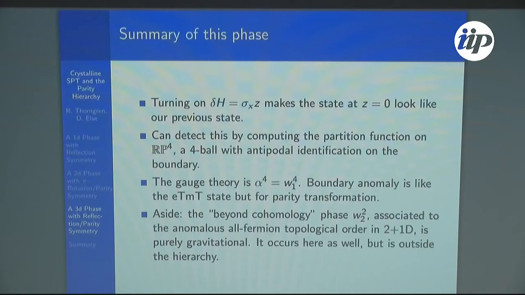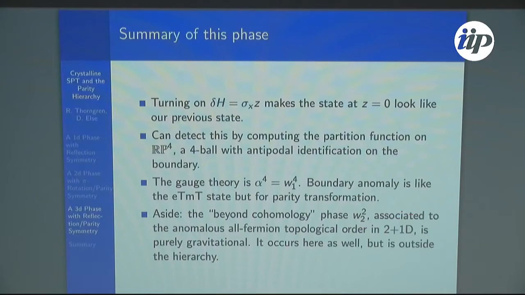And the gauge theory that you get, alpha to the fourth, can be identified with the topological response of this interesting time reversal symmetric SPT in 3 dimensions, on whose boundary there is this two-dimensional bosonic topological order that looks like toric code, except for the way time reversal acts on it. Both electric and magnetic particles are Kramers doublets. So we know that that's an anomalous theory. So it's related to that phase of time reversal symmetry.